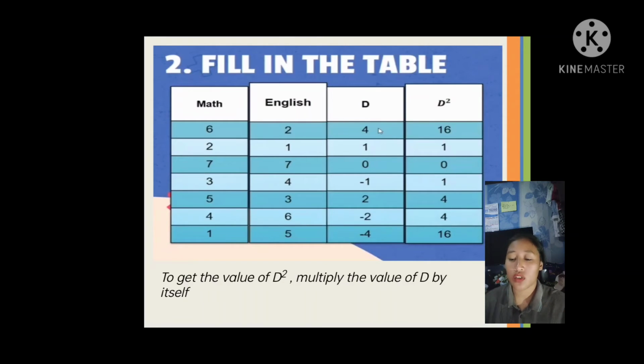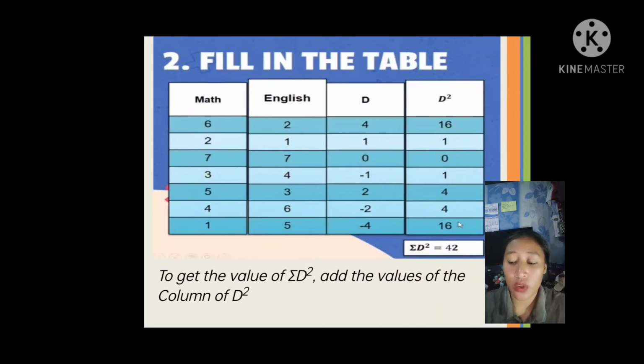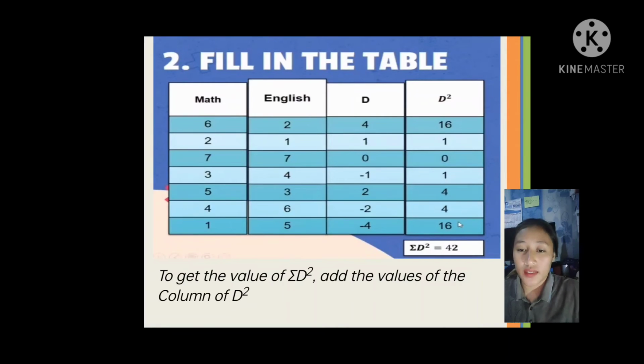And also, -4 times -4 is equal to 16. So we will go now to number 3. To get the value of summation of D squared, add all the values of the column of D squared, which is 16 plus 1 plus 0 plus 1 plus 4 plus 4 plus 16 is equal to 42.